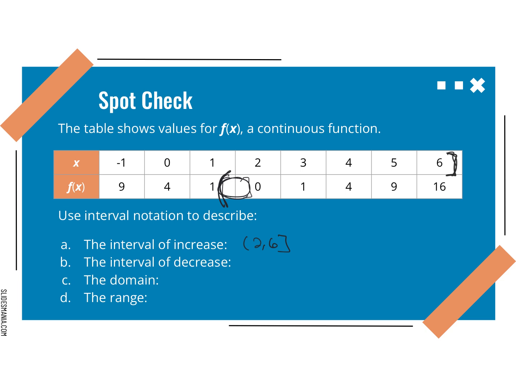Interval of decreasing, where is that? We're looking at these numbers here. I do know it does include -1, so we're going to do bracket -1. And then I don't know where exactly it's going to stop decreasing.